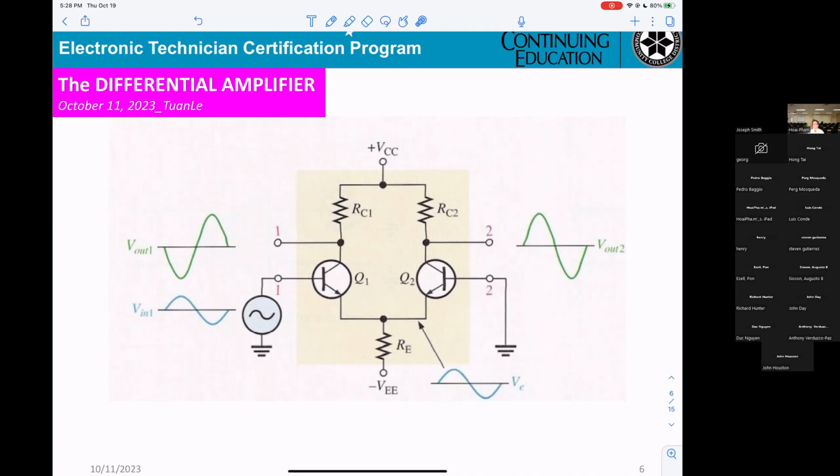So that's why when we ask what the configuration for Q1 is, you have to know that it is common emitter, and the input and output will be opposite. And Q2 will be common base, and the output will be in phase with the input.